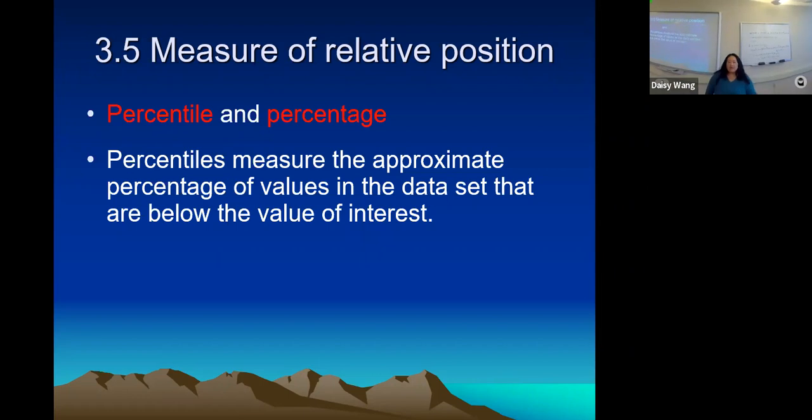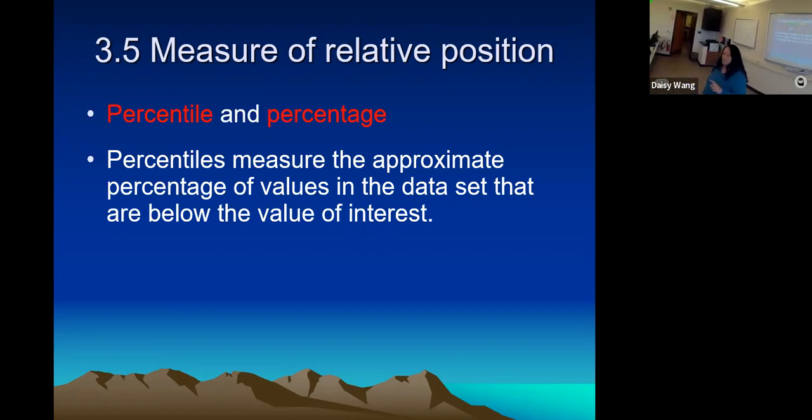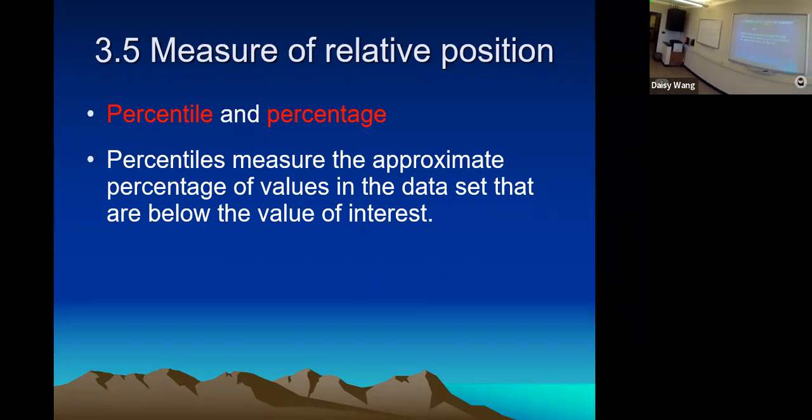So it means if you make 120K a year, 99% of people are making less than you. So that's the top 1 percent, but we also call it the 99th percentile.